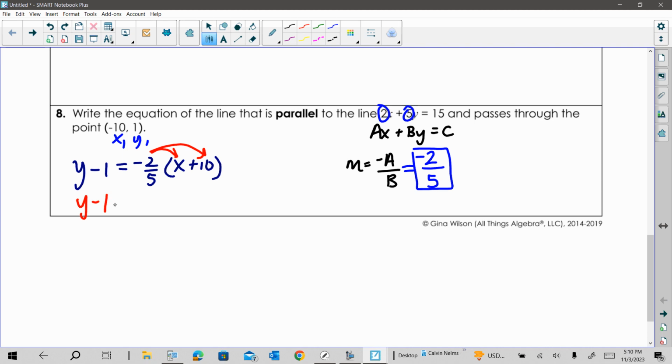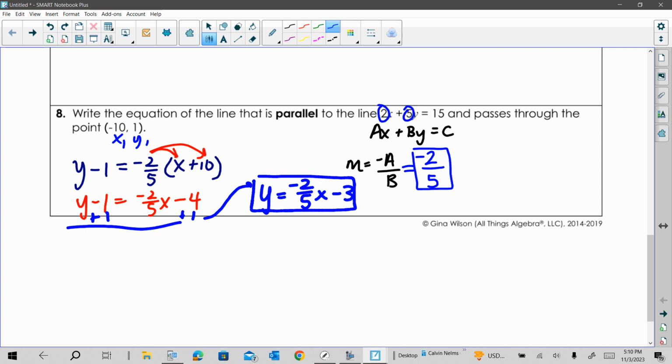So if I have y minus 1 equals negative 2/5 x, this is going to be minus 4. Then to solve for y, we're going to add 1 to both sides. Y equals negative 2/5 x minus 3.